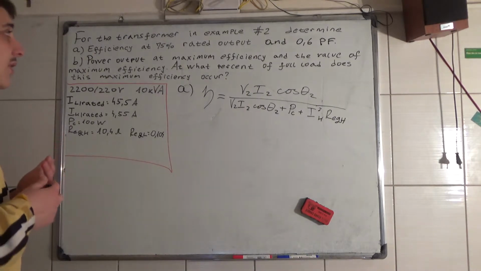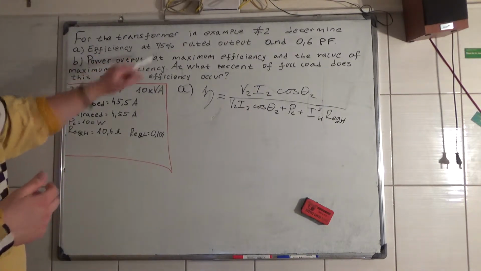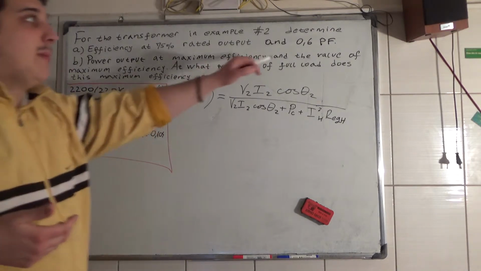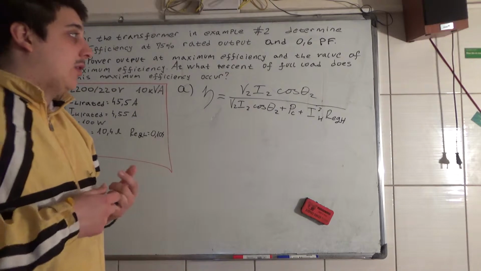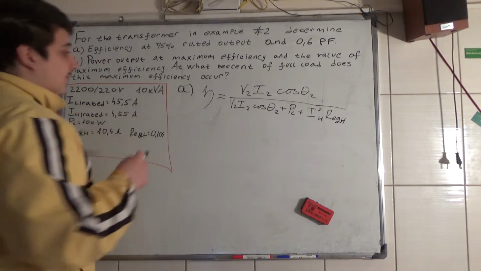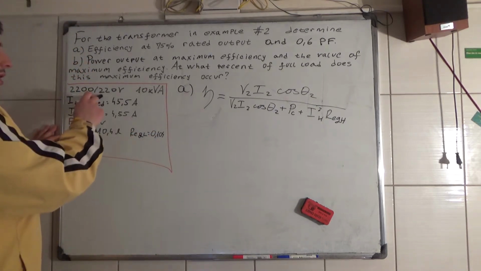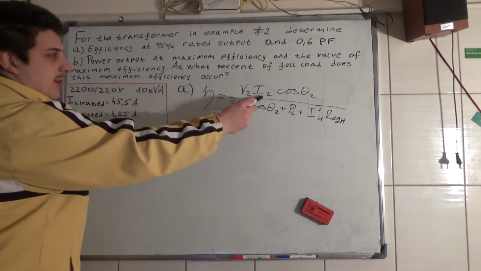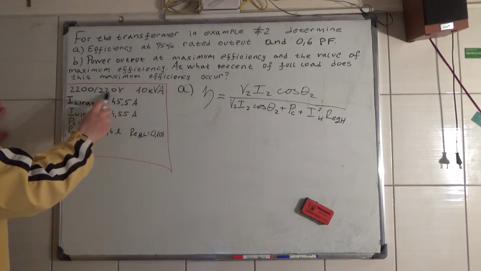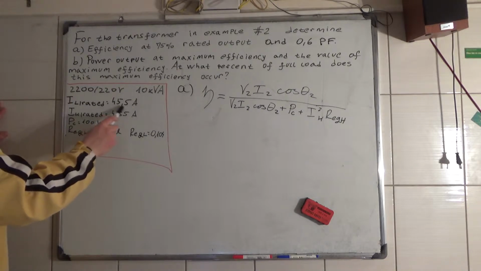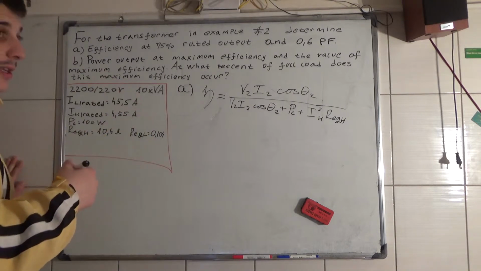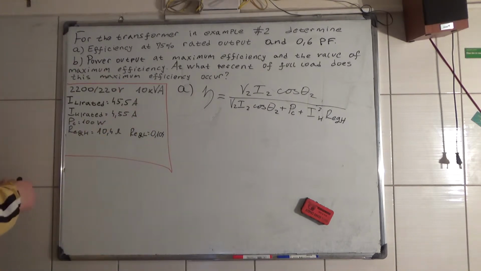Now it says that we are taking the efficiency at 75% of the rated output and 0.6 power factor. So how do we calculate it? Well, you know that it is a 10 kilovolt ampere transformer. For example, V2 times I2 therefore is 10 kilovolt ampere. So 220 volts times 45.5 is 10,000 volt amperes.